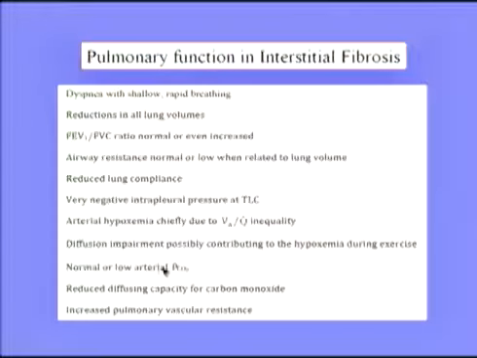There's a normal or low arterial PCO2, possibly in part because of stimulation of the J receptors. The reduced diffusing capacity for carbon monoxide is an important diagnostic point, and there's an increased pulmonary vascular resistance because the capillaries are destroyed by the emphysematous process.